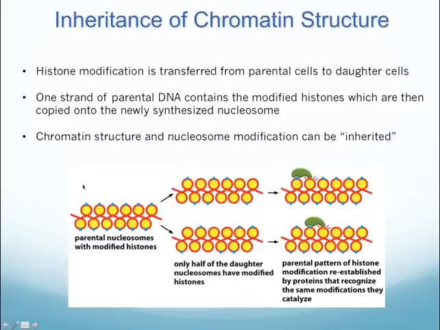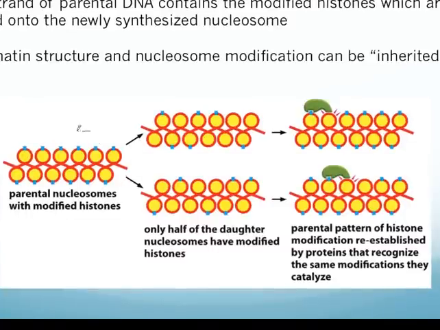One last thing we did in this lecture is talk about the inheritance of chromatin structure. So for example, let's say you have a region of DNA that's highly compacted and it's in its heterochromatin form. Well, as that DNA divides and duplicates and the nucleosomes reform around that DNA, you're going to have some nucleosomes that had the covalent modification on them, and you're going to have some nucleosomes that formed fresh because you needed to make double the amount of nucleosomes because you've doubled the amount of DNA.